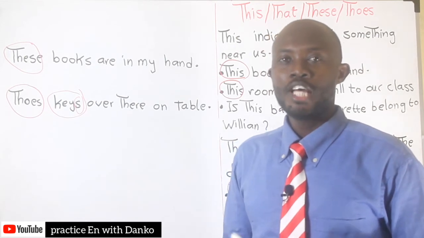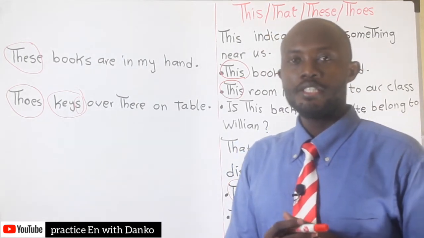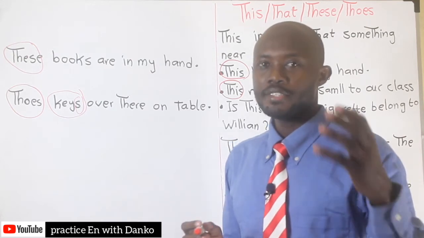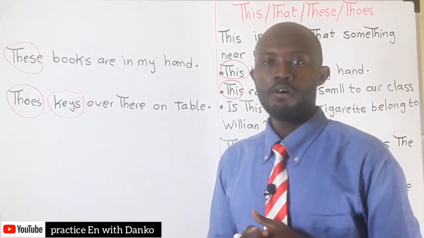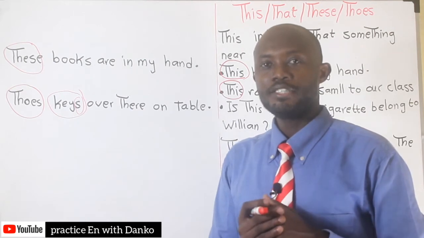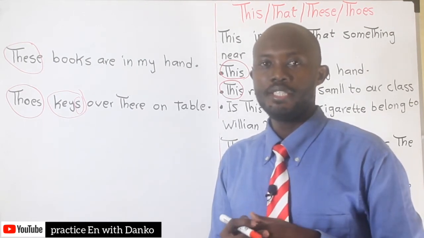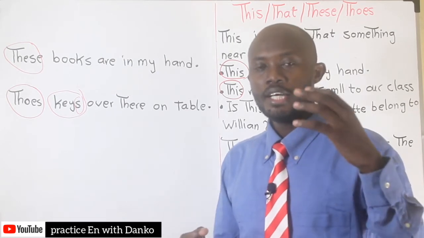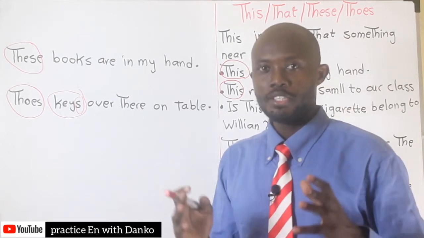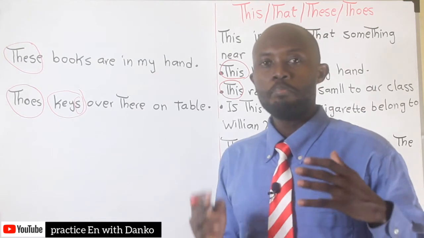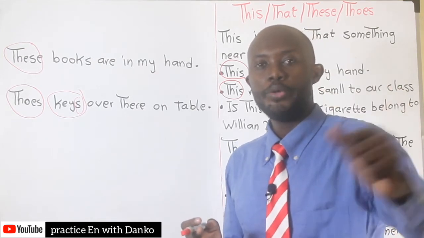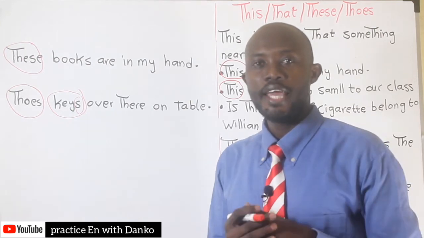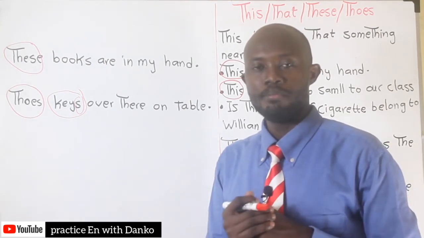For example, those boys play football every Saturday evening, or those girls are playing tennis. Okay, so here, if you want to indicate something more than two, but it is far away from you, please use those to indicate the things.